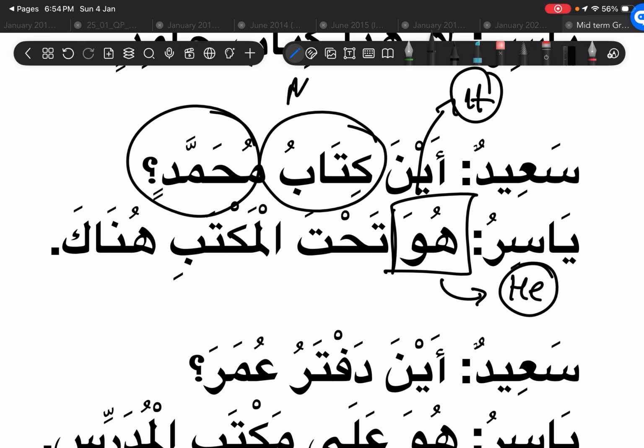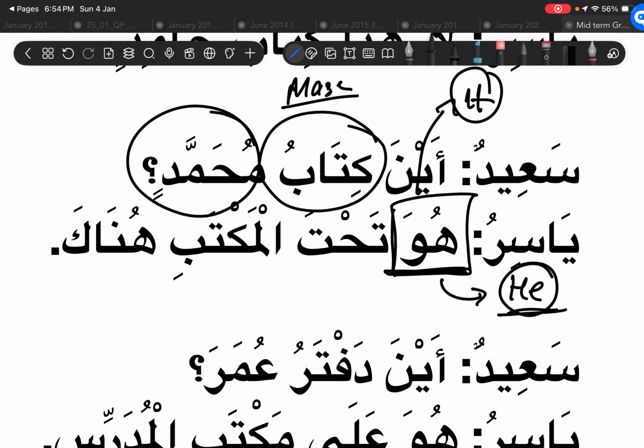The word book is masculine, so we are using the masculine version of the pronoun. If it's a living thing, it means he. If it's a non-living thing, it's it. We've done this many times. The word she, hiya, if it's, let's say, sabura, when we say hiya sabura, it doesn't mean she is a board, it means it is a board.